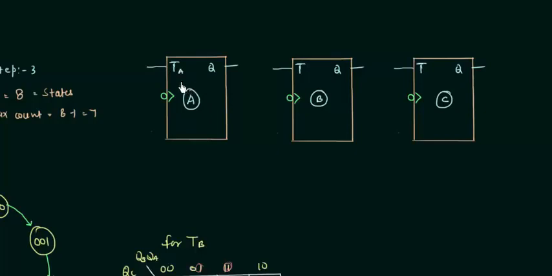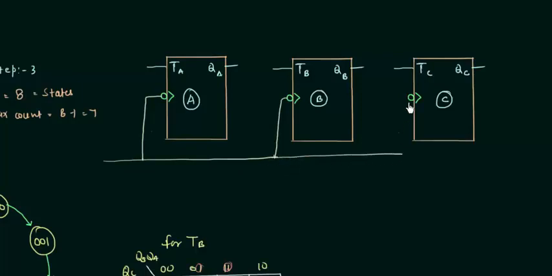TA is the input for the A flip-flop, QA is the output of the A flip-flop. Similarly, TB, QB, TC, QC. And as we are designing a synchronous counter, definitely the clock is simultaneous. So we have to give a common clock to all these 3 flip-flops, and this is the way to do it. This is the clock.